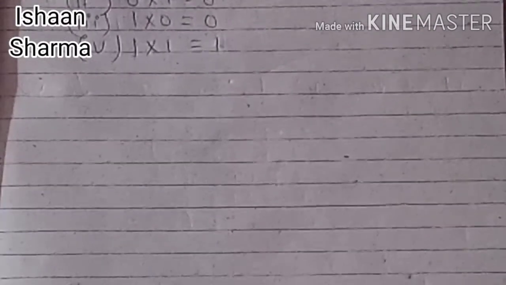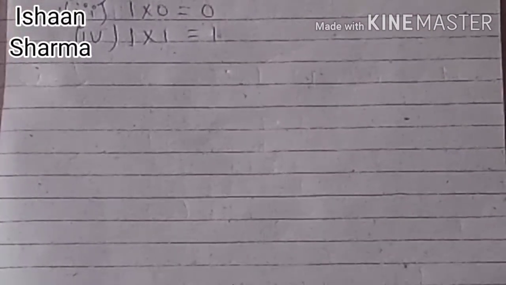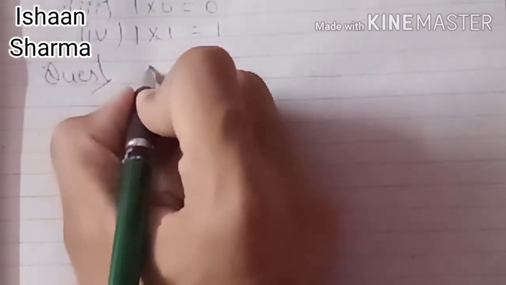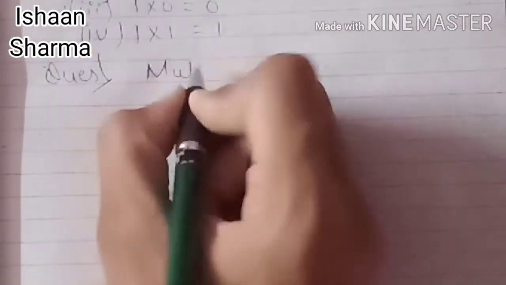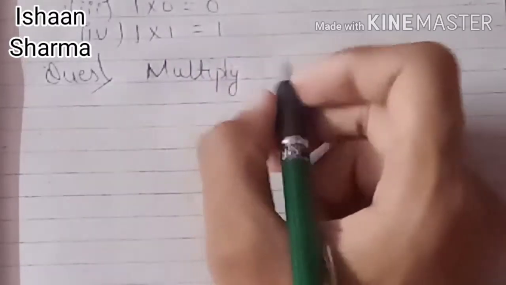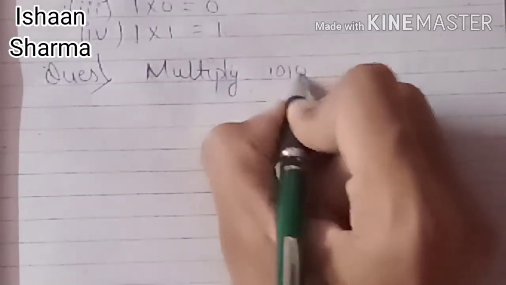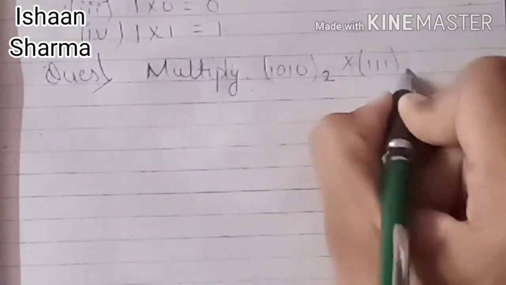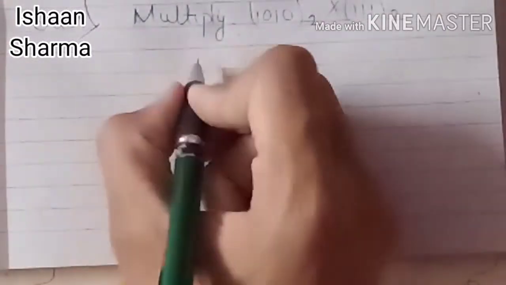Now let us quickly solve a question to understand the multiplication method. Question: multiply 1 0 1 0 by 1 1 1.